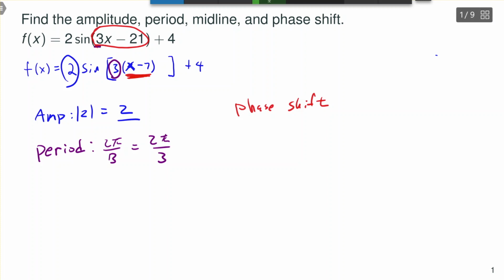But also, looking at it directly, if I plug 7 here, I get 0 inside of the parentheses. So for phase shift, just think of solving for the input, the argument, equals 0. And here 3x is 21, x equals 7. Since we got positive 7, the phase shift is positive 7, which means right 7 units, or 7 radians.